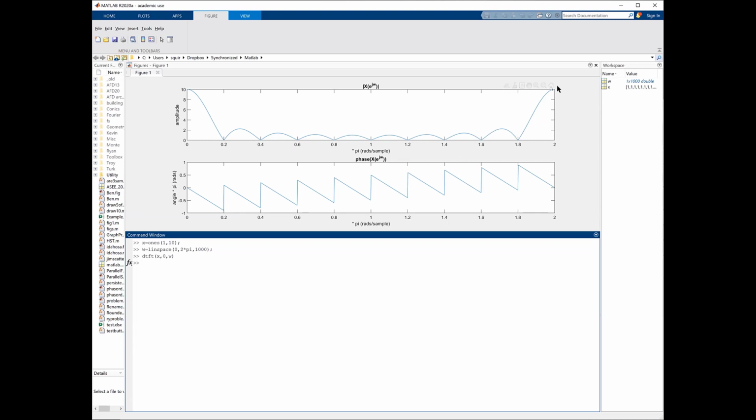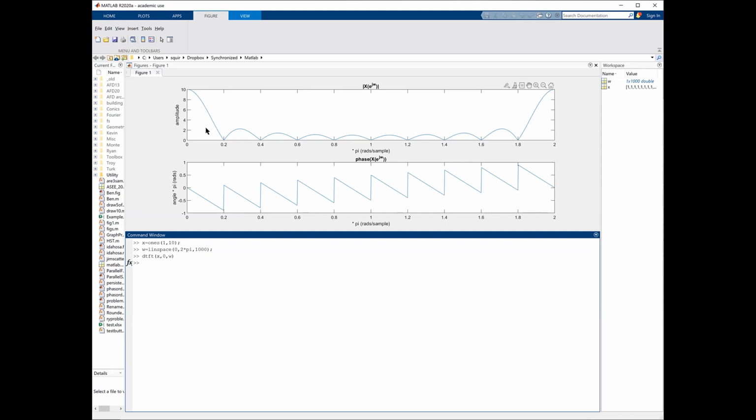The x-axis here, I've written in terms of normalized units. So when it says 1, it means 1 times pi. So here it is between 0 and 2 times pi, and it is even around our 1. It's symmetric around our 1, around our pi value. Something else to realize is that because this is a low frequency signal, it's mostly ones, you'd expect to see most of the signal energy concentrated at low frequencies.